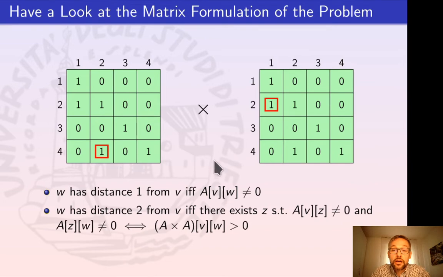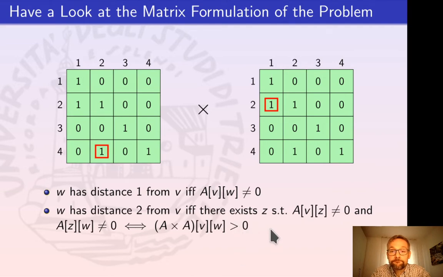Now, this is basically equivalent to testing whether the element in the multiplication among these two matrices, which basically are the same, the element in position source, destination, is greater than 0.